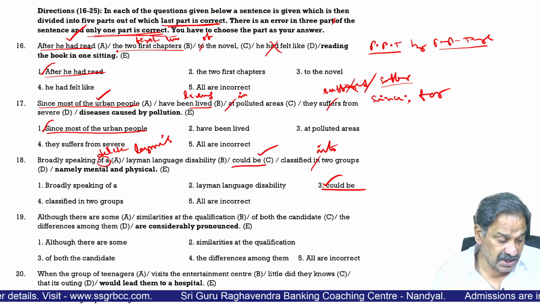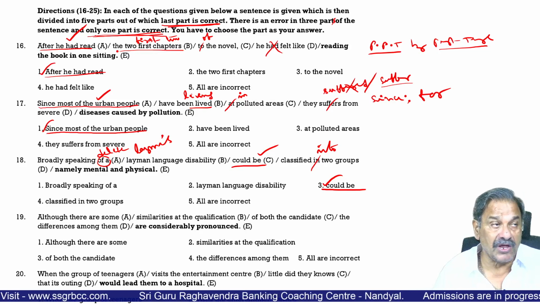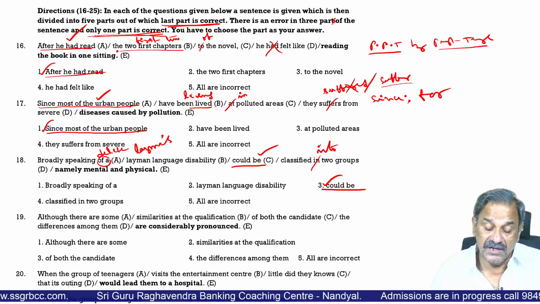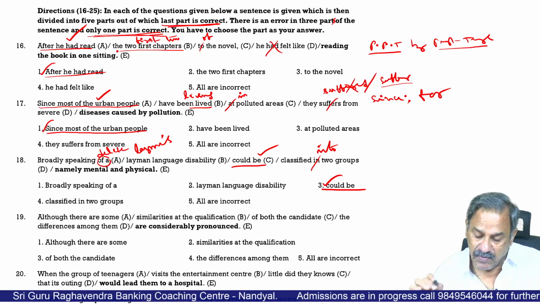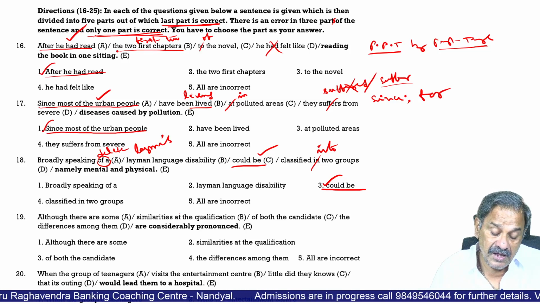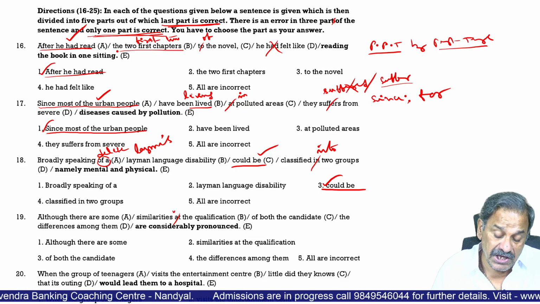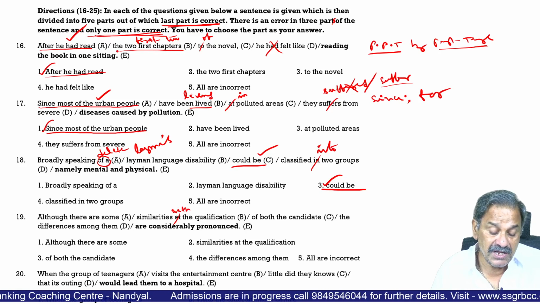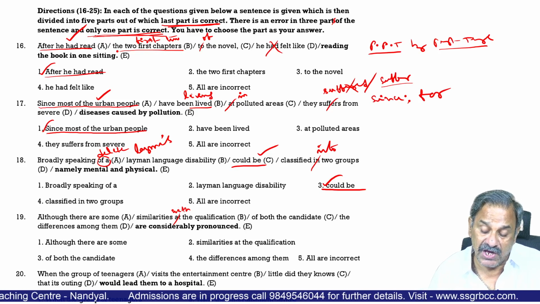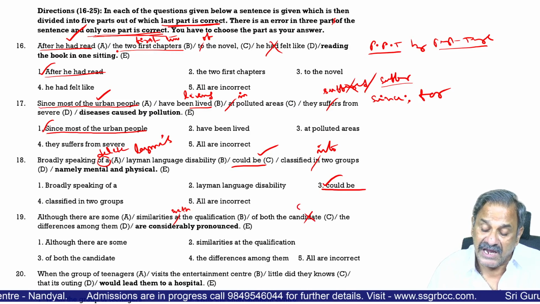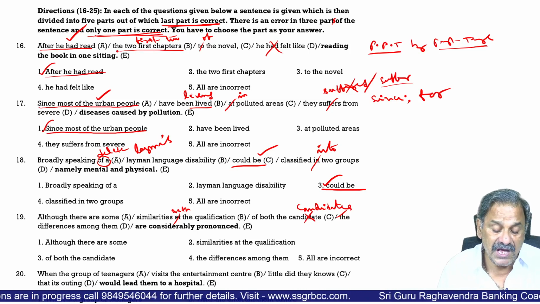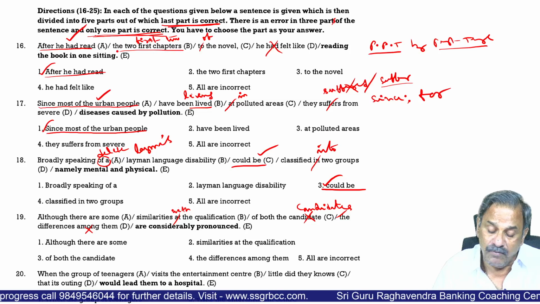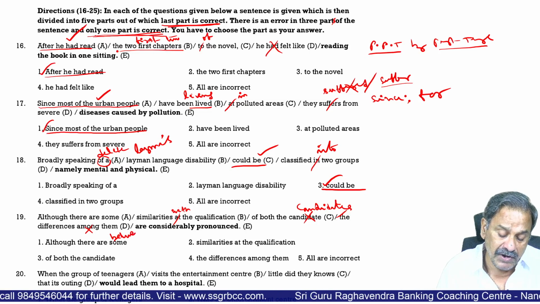It should not be 'at the qualification'; it is 'with the qualification of both the candidates', both being plural. 'The differences among' is wrong because of 'both', so we have to use 'between'.